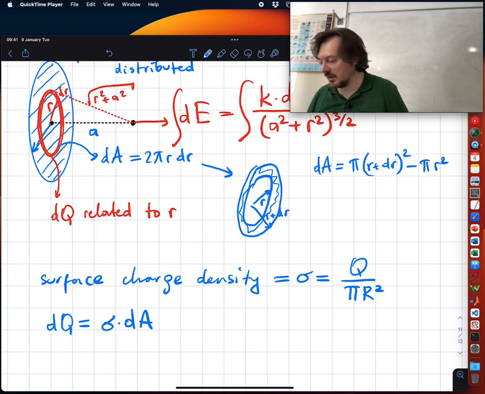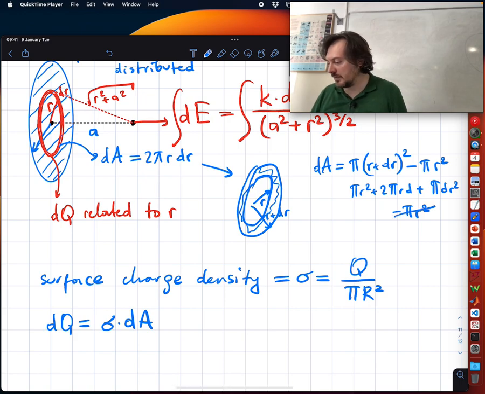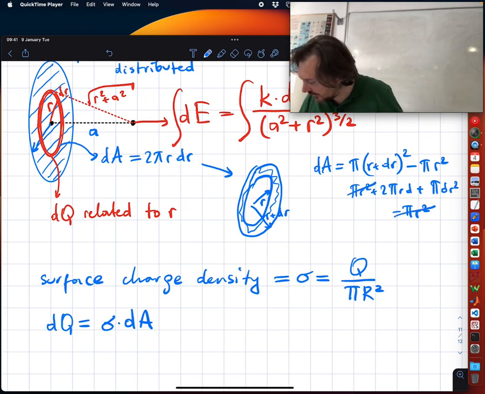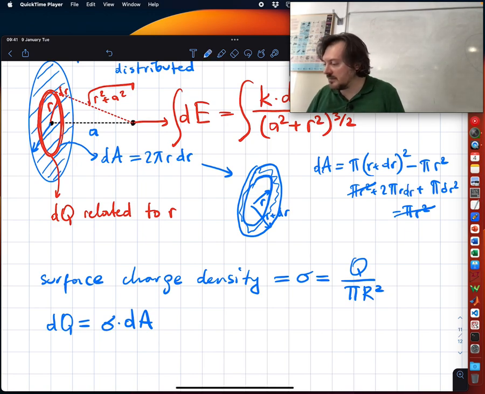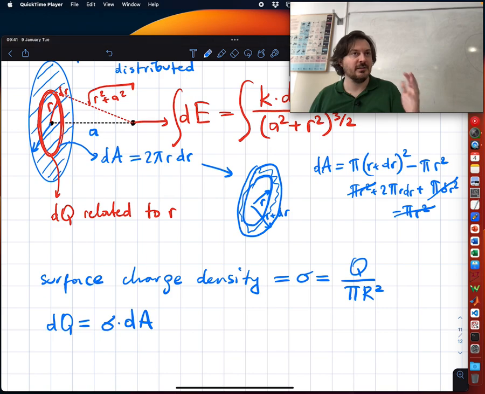That's one way of thinking about it. And you are going to get pi r squared plus 2 pi r dr plus pi dr squared minus pi r squared. Right? This will take care of this. And you can see that this is way smaller than 2 pi r dr. So dA is equal to 2 pi r dr. Did you get it?